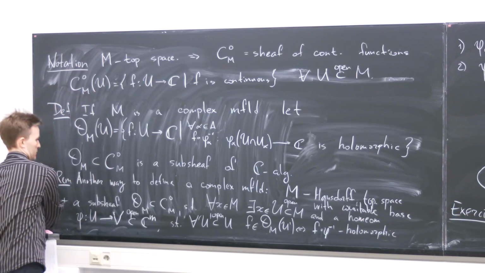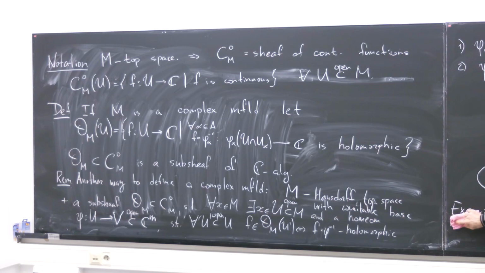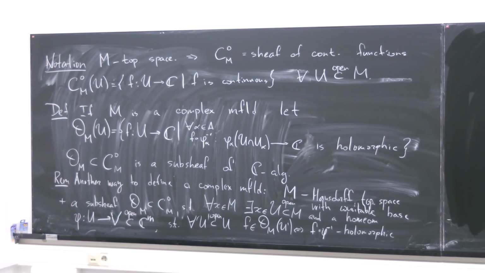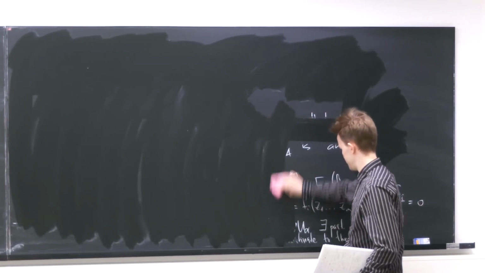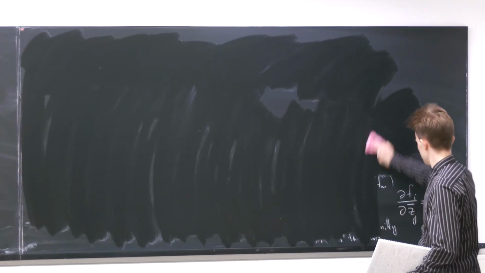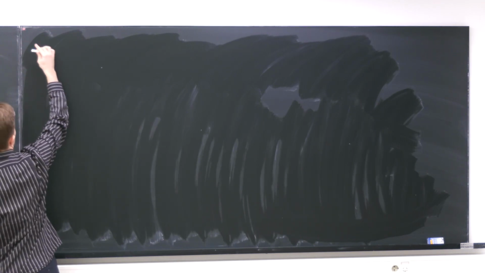Okay. Right. And of course it's easy to define the notion of a morphism of complex manifolds, either in terms of charts or in terms of this sheaf of holomorphic functions. So let's write down this definition just for the record.